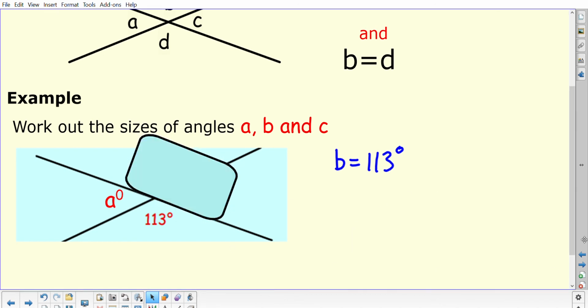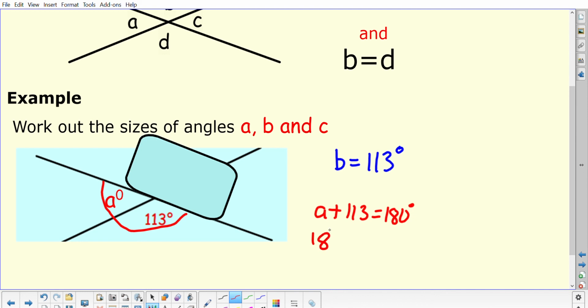So these two here are still fitting together to make 180. So you know that A plus 113 must be equal to 180 because it's a straight angle. So once you do 180, take away the 113, you would have your 67, and that will tell you that angle A needs to be 67 degrees.